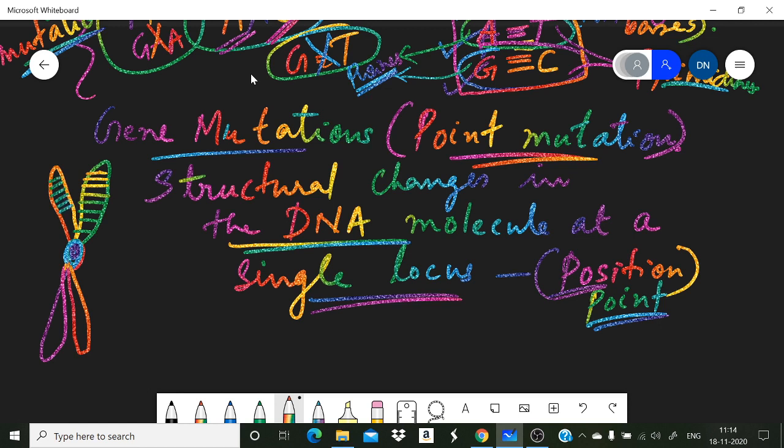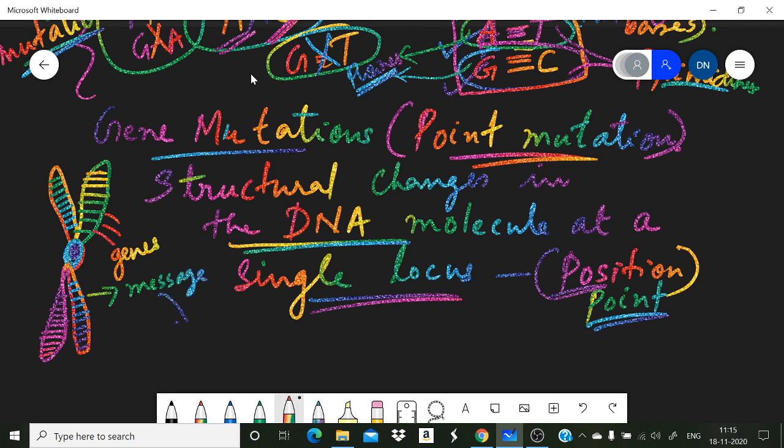Each gene is conveying a message. That means each gene or DNA forms all the characteristic features of human beings. So all these are genes present in a chromosome, and each gene conveys a message.